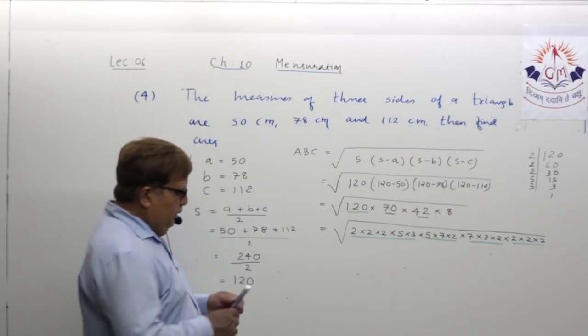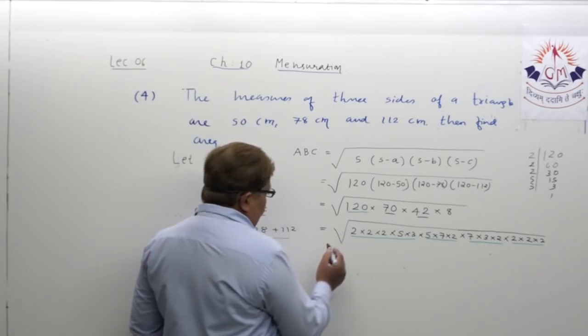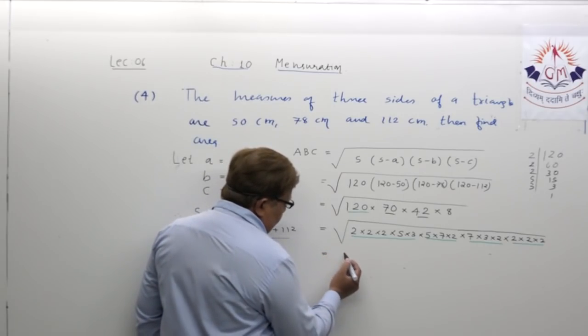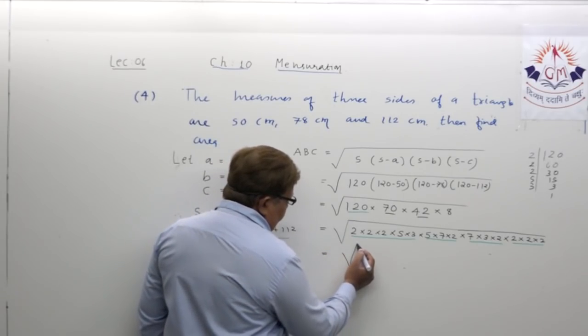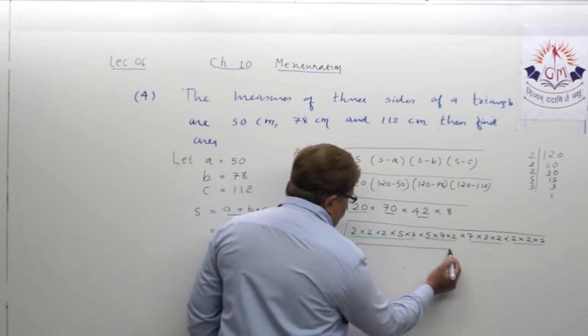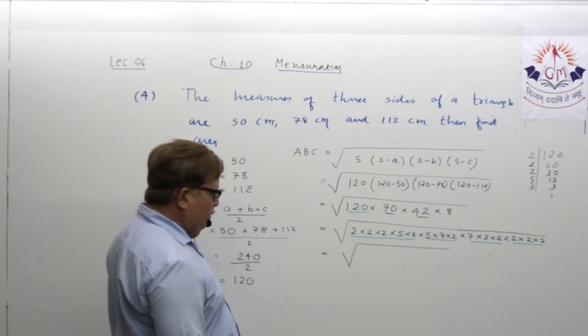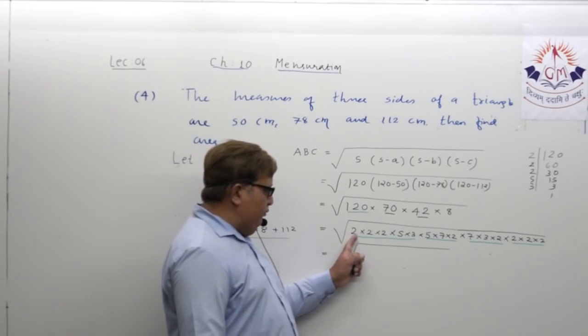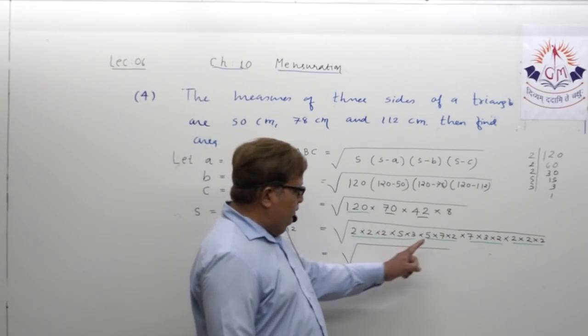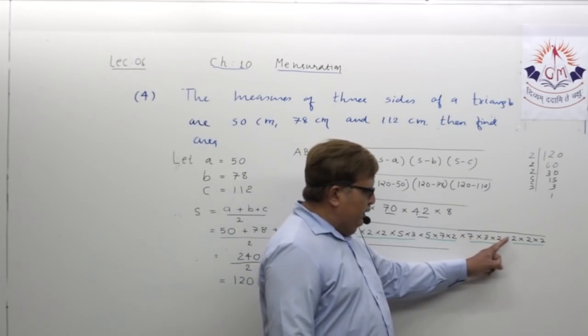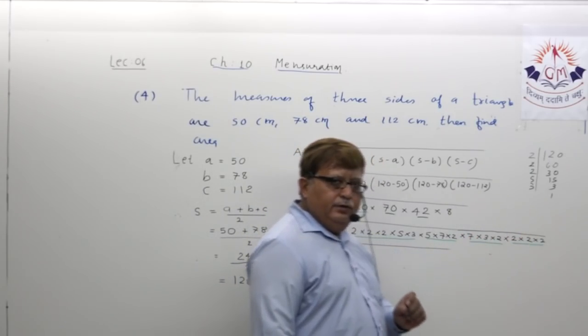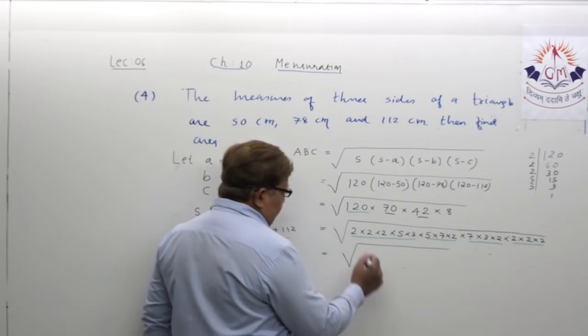Understand? Now it's time to make pairs of numbers. See how many 2s you are able to visualize: 1, 2, 3, 4, 5, 6, 7, 8. Eight 2s are there.